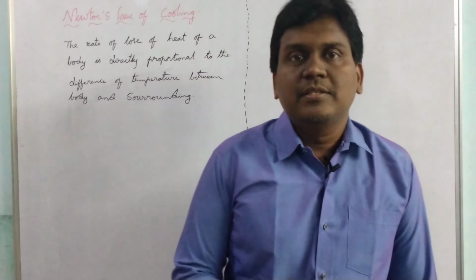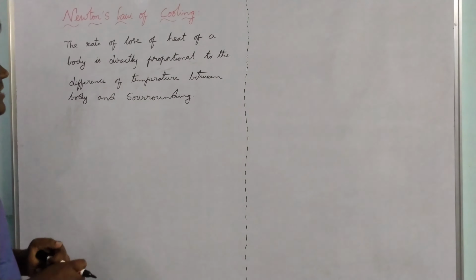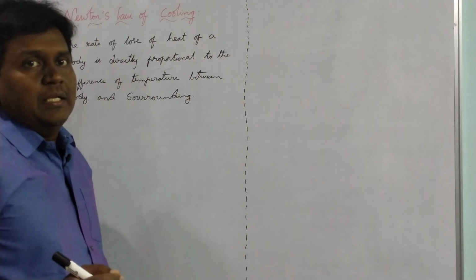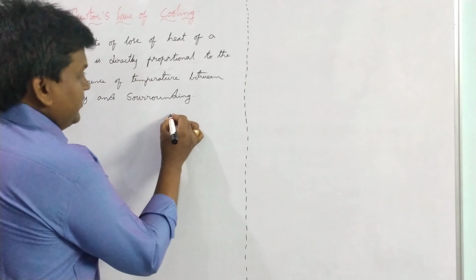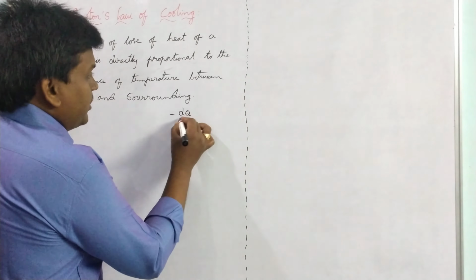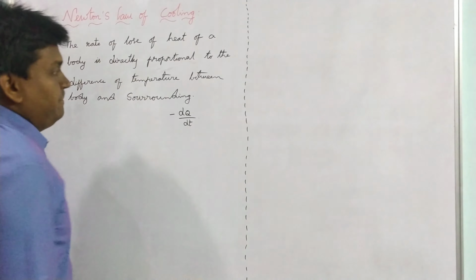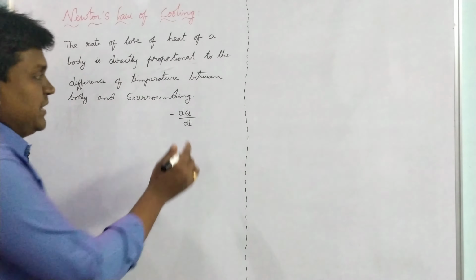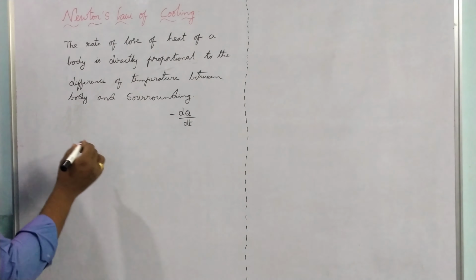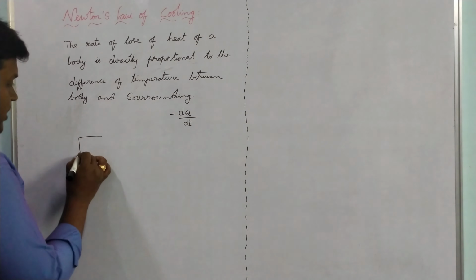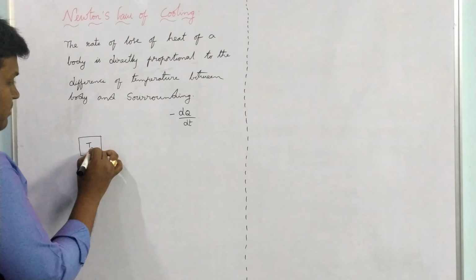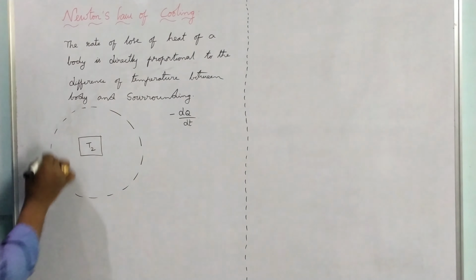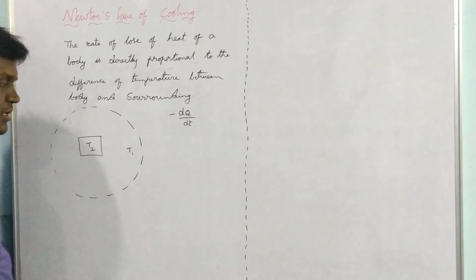And here the heat is radiating out. So the heat radiated by the hot body in unit time is given as dQ by dt. Here Q is the small amount of heat radiated from the hot body in time t. Consider a hot body which is at temperature T2, and this is the surrounding around the hot body, which is at temperature T1.